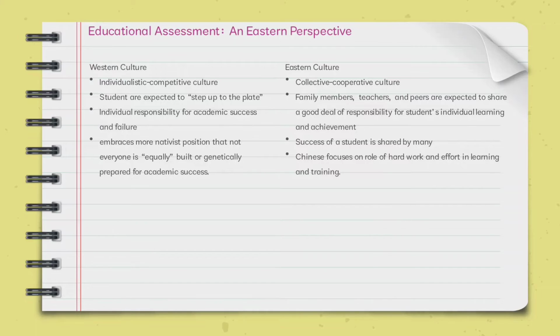So, the students are expected to step up to the plate and give their personal best to achieve good grades. The role of the parents, teachers, and others, they can give encouragement, hire tutors, and help in sundry other ways, but ultimately, responsibility for the academic success resides only with the student.